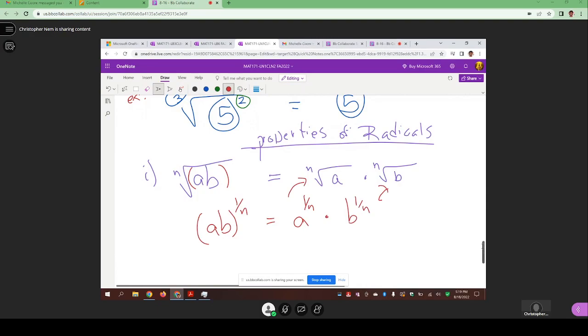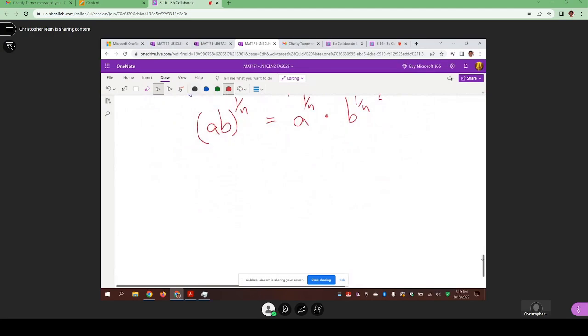This property does hold. Property 2. What if we had the nth root of A over B? A fraction inside my radical.